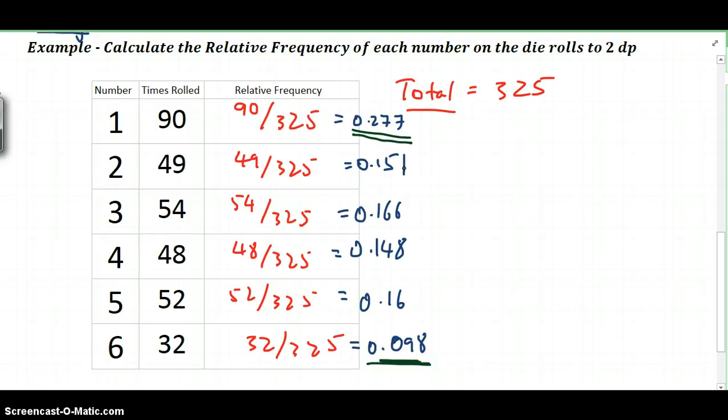And the rest of it looks like it lies between 0.14 and 0.16. So you can see that these are approximately equal. But these two numbers, the number 1 and number 6, do not have equal relative frequencies. So that recaps the relative frequency formula.